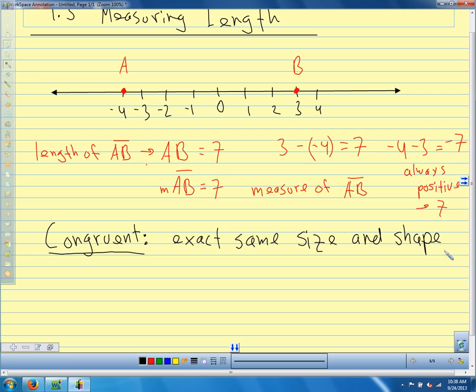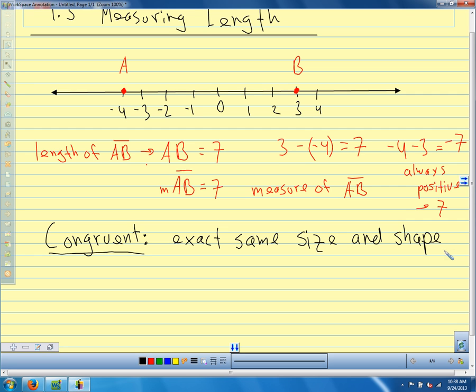So thinking about what we just talked about with the length, when would two segments be congruent? When would two segments be exactly the same size and shape? Could I have two segments that are exactly the same size and shape?